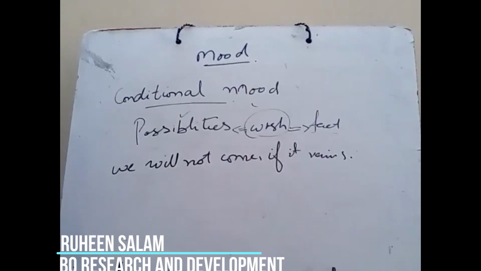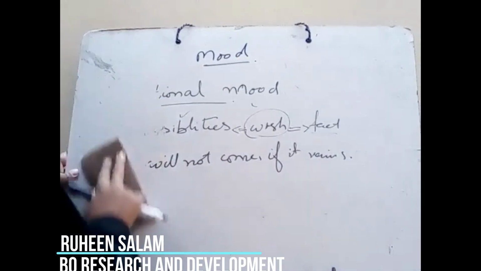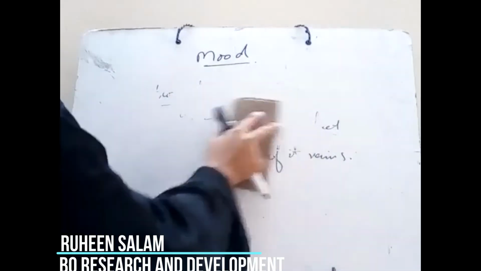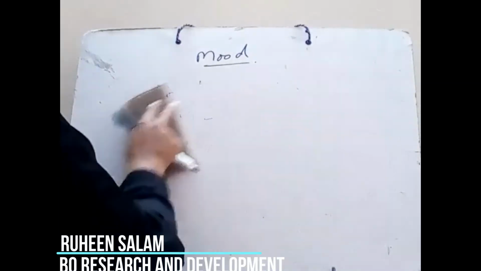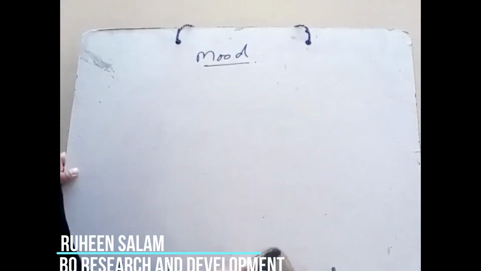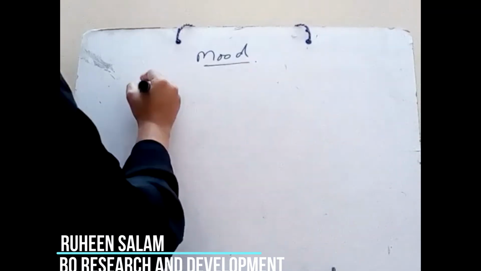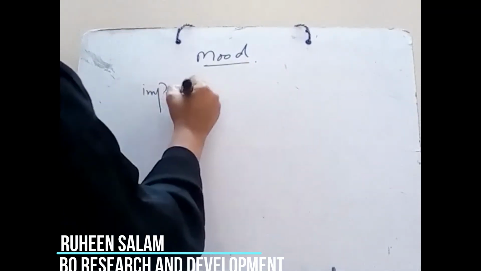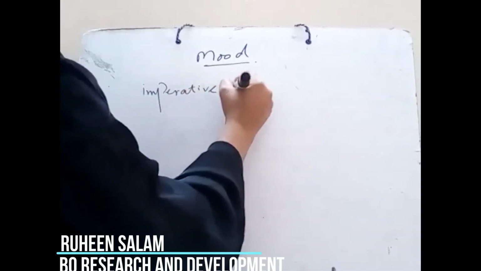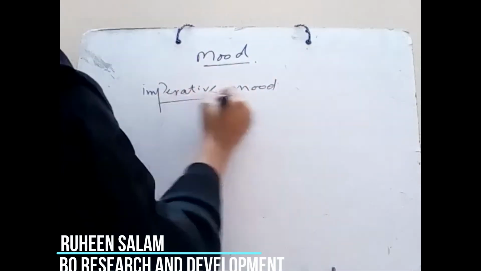Okay, after that we'll proceed toward our fourth mood, our fourth mannerism through which we can know a statement or a sentence in which mood it is written, and that very thing is imperative mood. Now what is imperative mood?